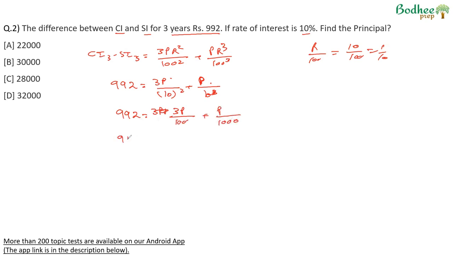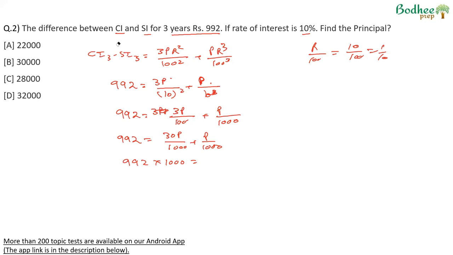Taking LCM, 992 becomes 300P, rather 30P, sorry, multiplied by 10, 30P upon 1000 plus P upon 1000. So 31P upon 1000. Cross multiply, 992 into 1000 is equal to 31P.